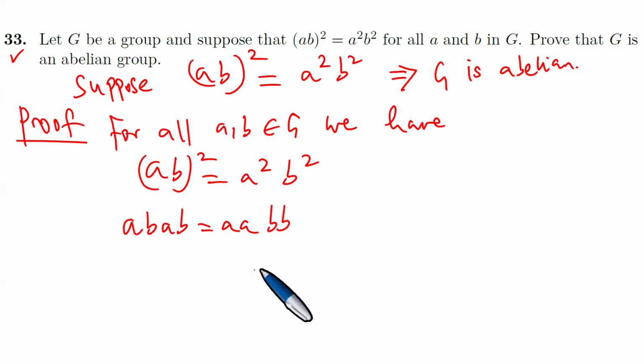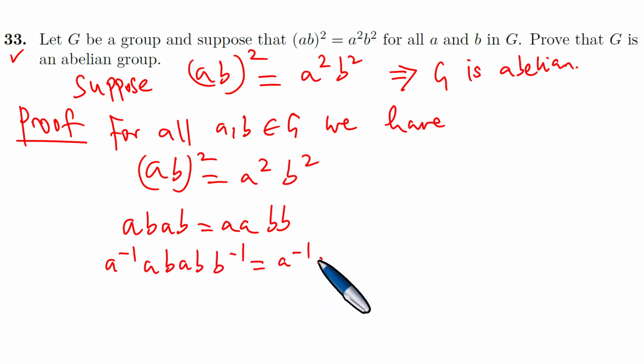Okay, now this is what we have. So we can do a nice thing. You can multiply: A inverse, ABAB, B inverse, equals A inverse, AABB, B inverse.